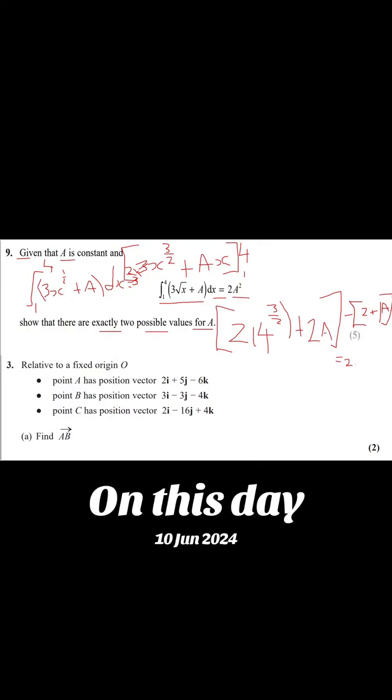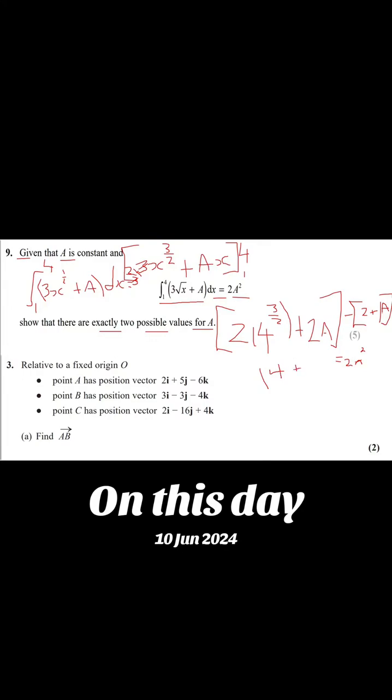So let's simplify the bit inside the bracket and collect like terms. So 4 to the 3 halves, that's the square root of 4, which is 2, and then you cube it, I get 8. So you have 16, minus 2, so that'll be 14. Then you've got 2a minus 1a, so that will be plus a.